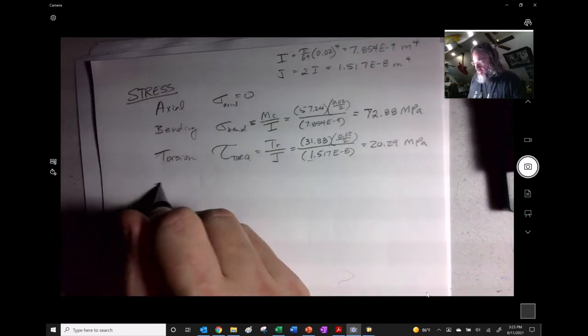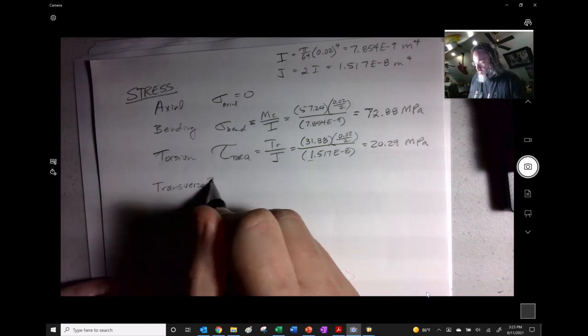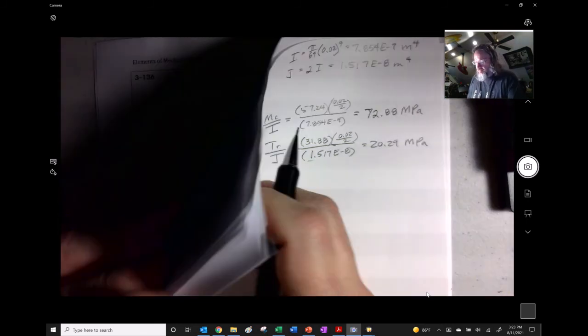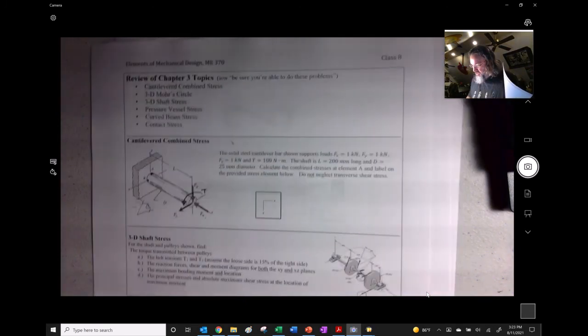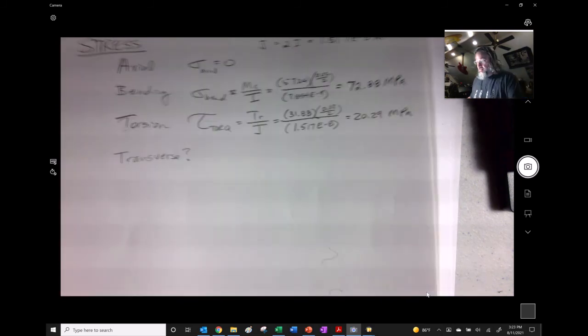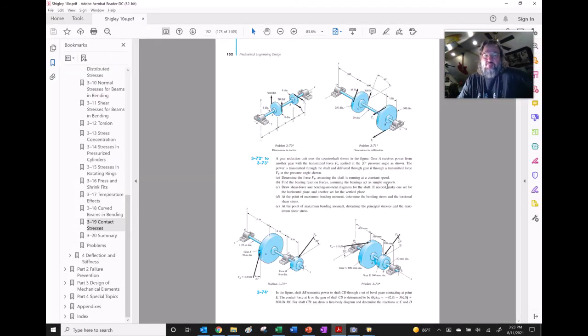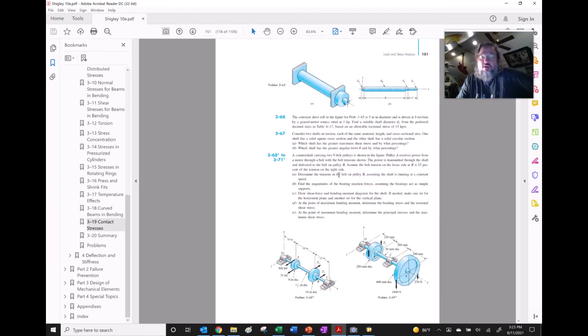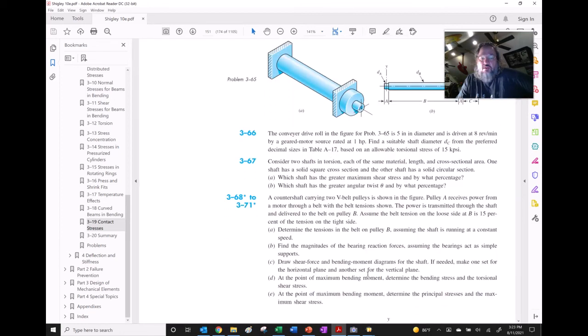And transverse shear, I think the problem should have told us to ignore it. It didn't say it, but let's actually see in the original problem. We looked this up, and that was problem 371, and it didn't say it, did it?